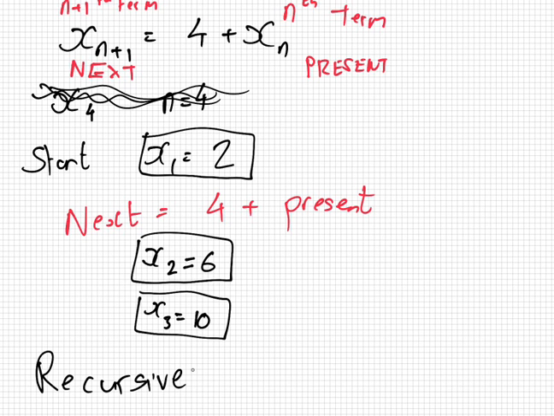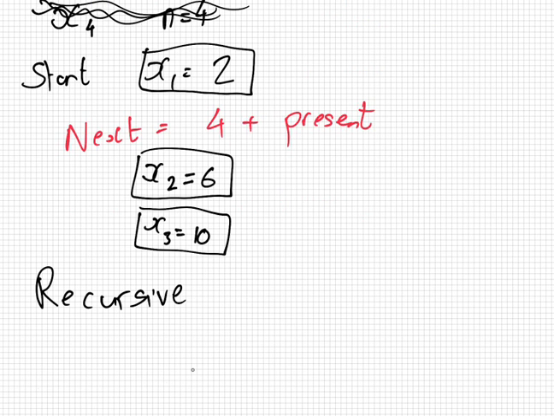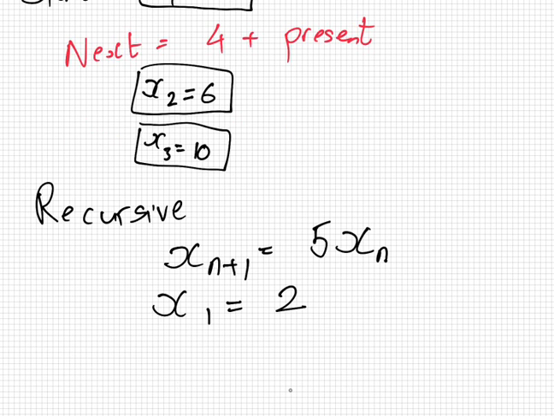Now that's a simple example, and I'll give you one just to practice, and then we'll look at more complicated ones. So I have xn plus 1 equals 5 multiply xn, and I tell you to start with 2. I would like everybody to give me the next 3 terms. What are they?